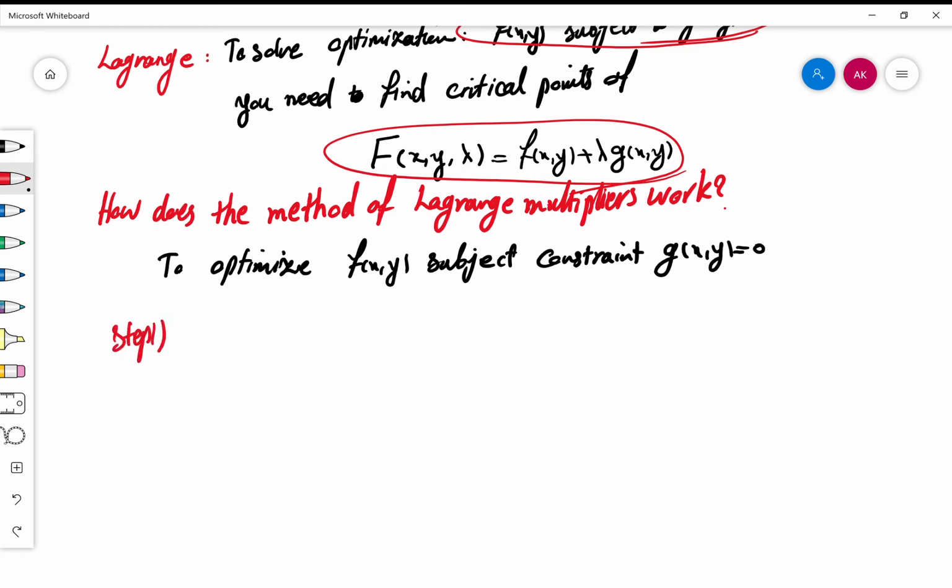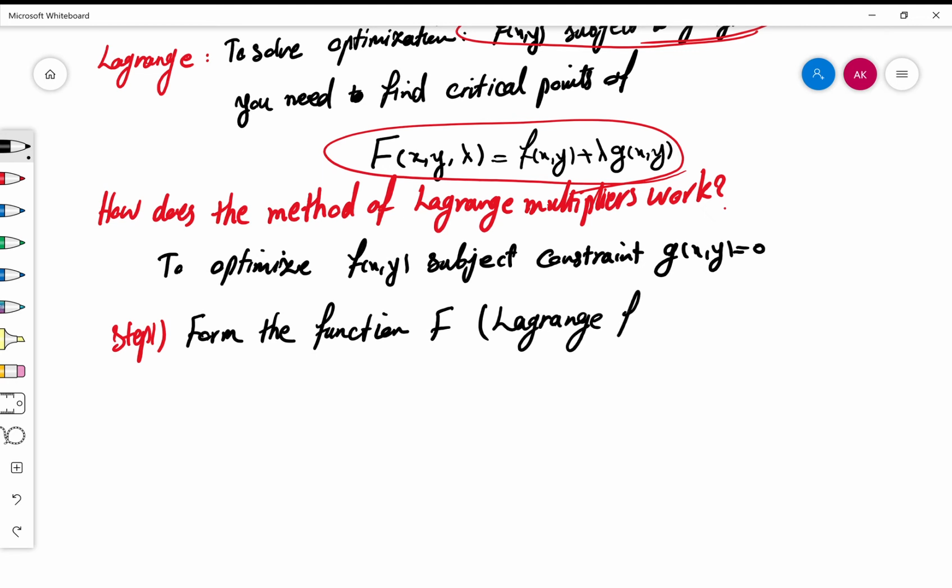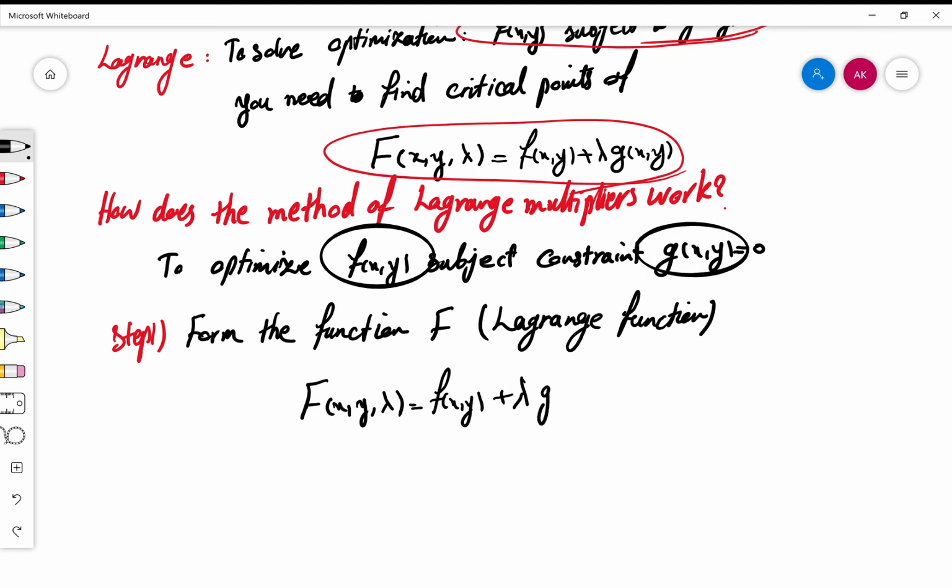Step 1: form the Lagrange function. That is a function with three variables: f of x, y, the function itself, plus a third variable lambda times g of x, y, the constraint. That's the first step.